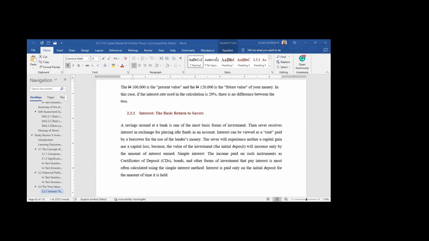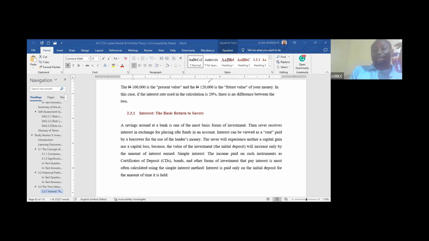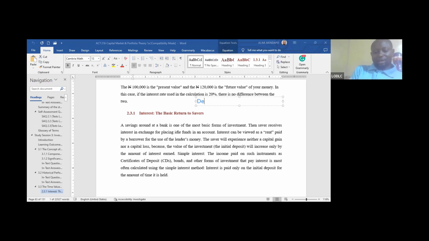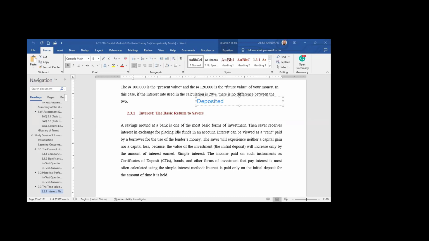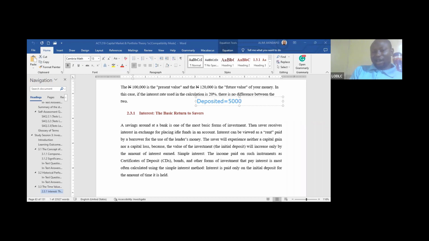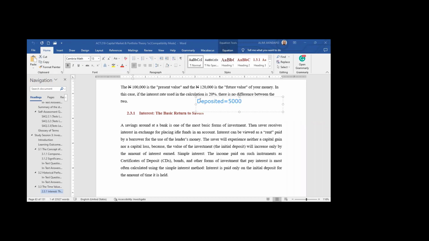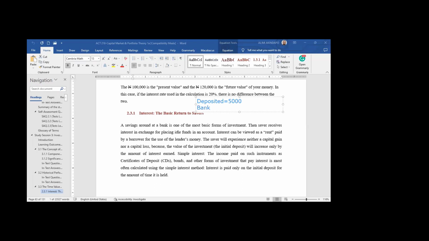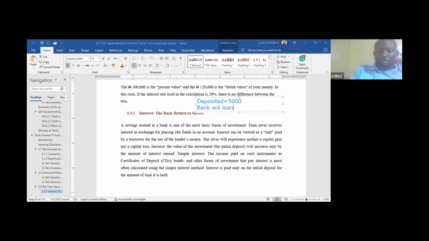Okay, let me do it again. The 15 naira I got, right? I said you deposited 5,000 naira. Let us do it again together. When you deposited 5,000 naira, the bank will loan it to someone.